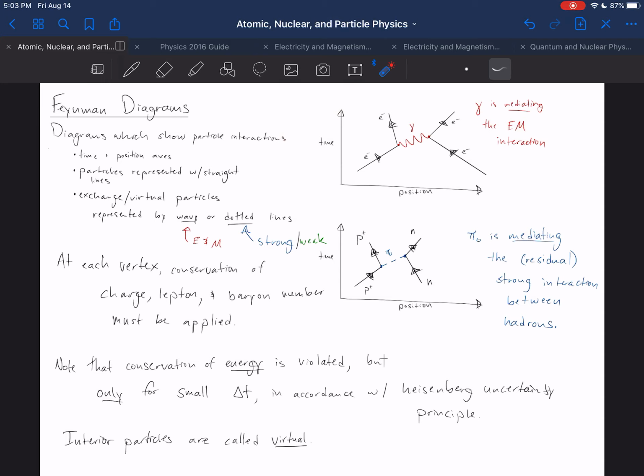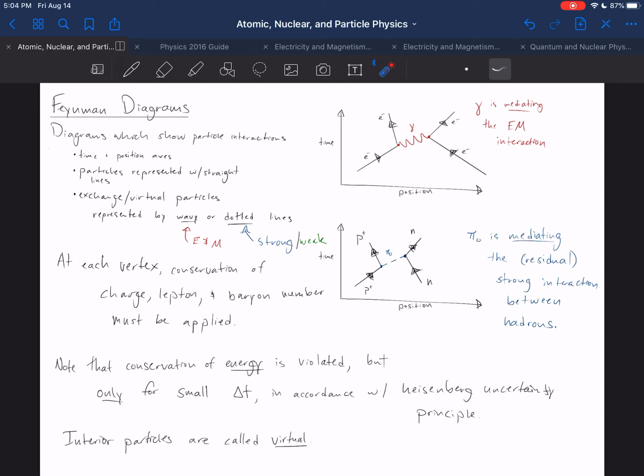Real physical particles are represented with straight lines, as shown. Exchange, or virtual particles, are represented by wavy or dotted lines, depending on the kind of interaction, as shown here.